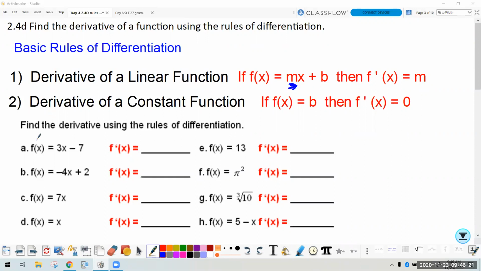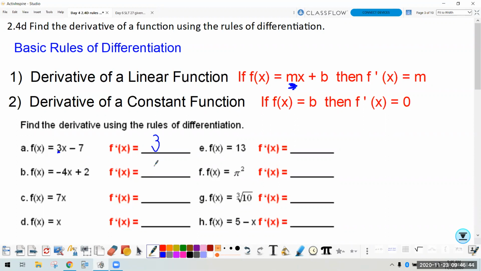Okay, so if a is f of x equals 3x minus 7, then the derivative f prime of x must be 3. The slope everywhere is 3. For b, the function is negative 4x plus 2. It's another line.